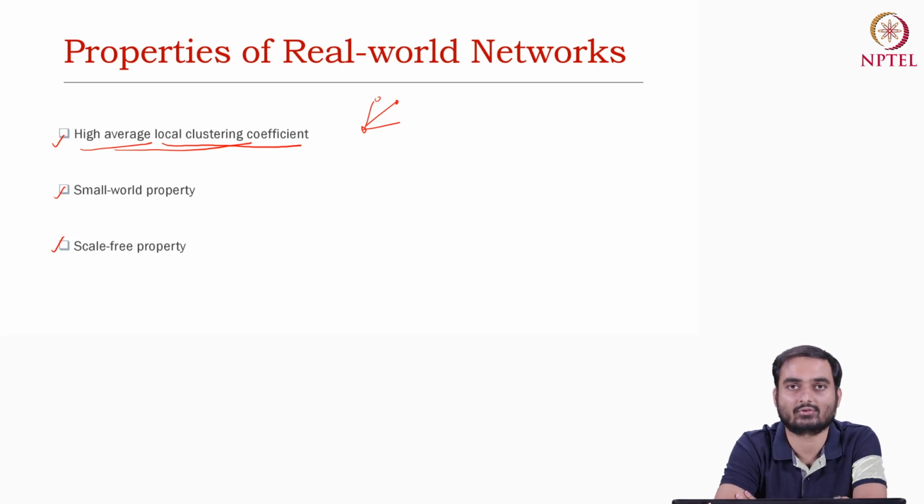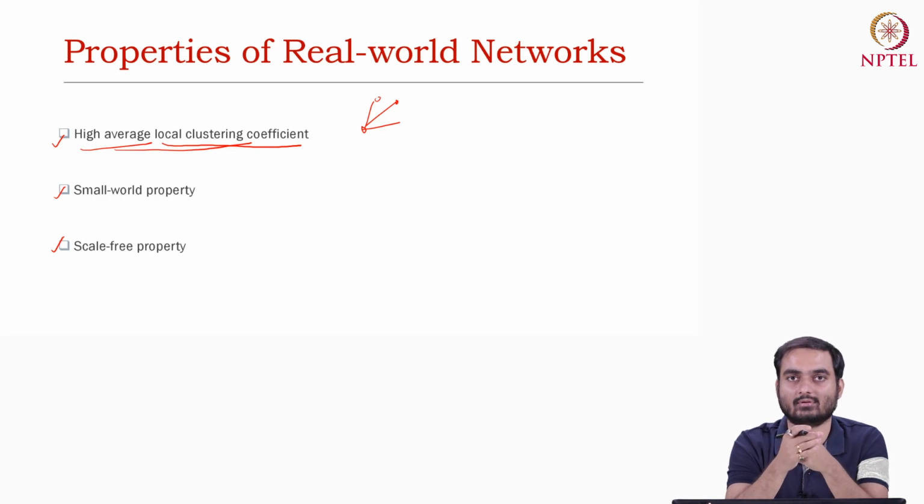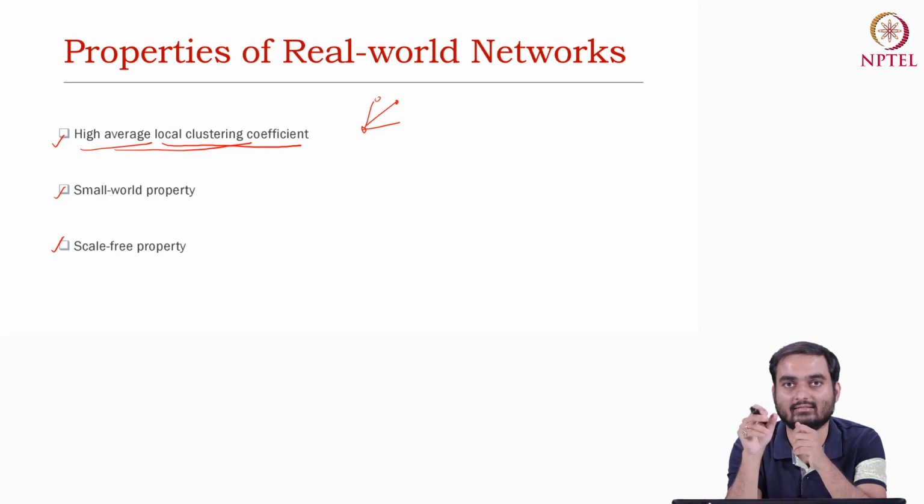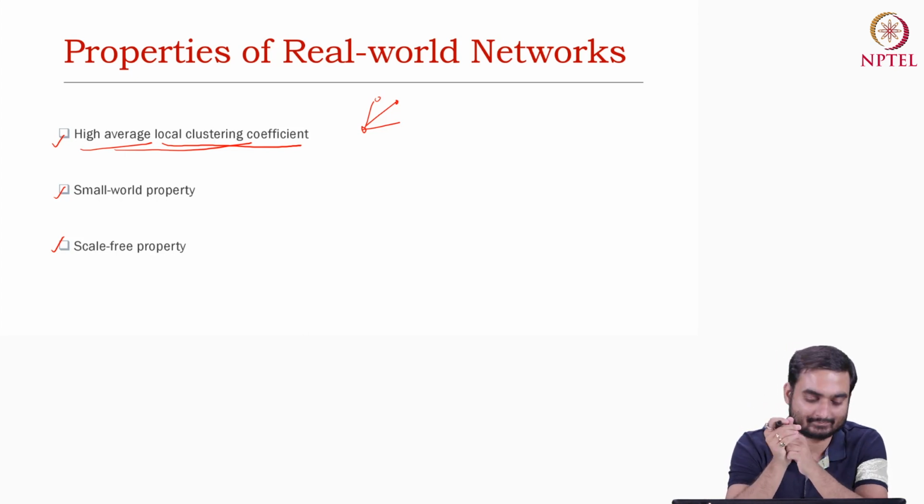And it turned out that for real world networks, surprisingly, the average local clustering coefficient is pretty high, meaning that even if a node has very high degree, for example degree 100 or degree 200, as that degree increases, the denominator of the clustering coefficient will also increase. The denominator says what is the total possible number of edges that can be formed across neighbors. This is D choose 2, where D is the degree.